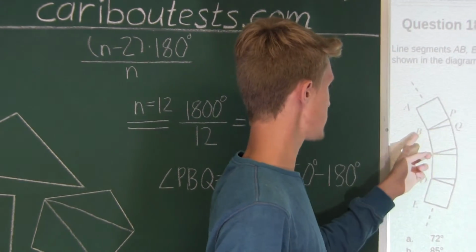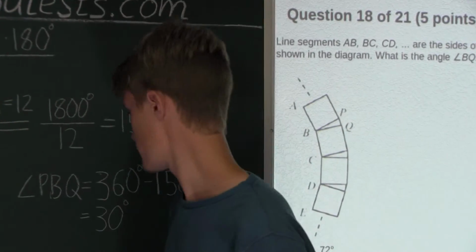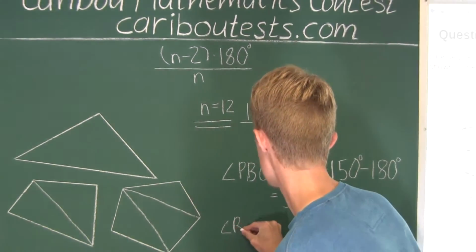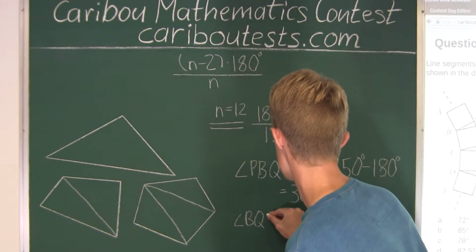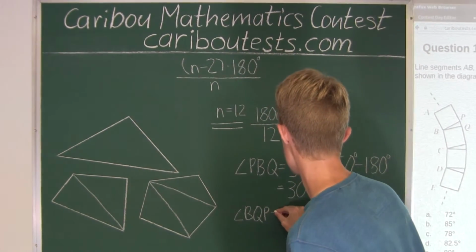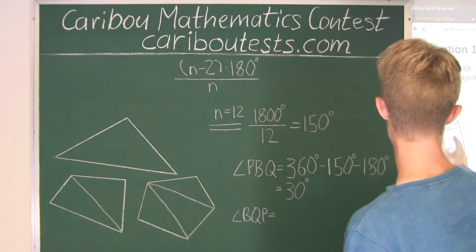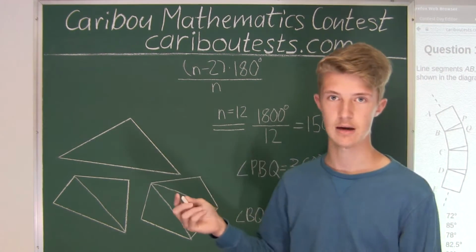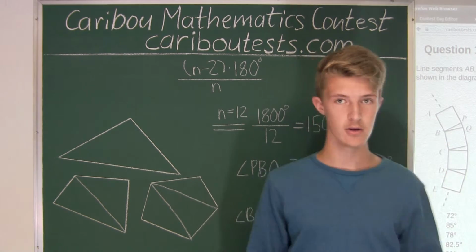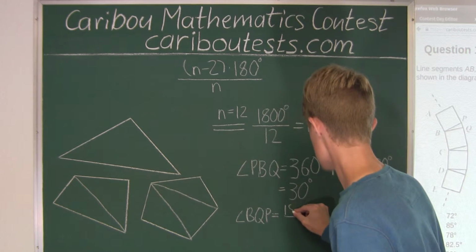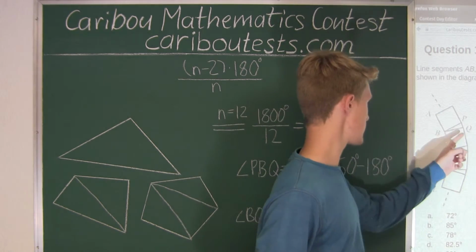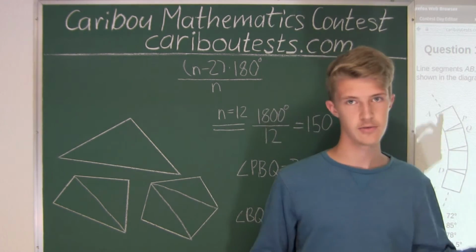And now to find the angle BQP, that is equal to 180, because the sum of interior angles for a triangle is 180 degrees, and we must subtract the 30 degrees for that angle.